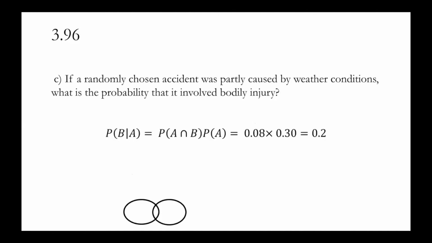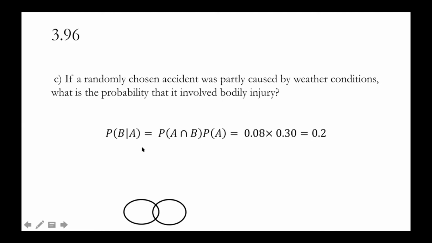The next exercise is, if a randomly chosen accident was partly caused by weather conditions, what is the probability that it involved bodily injury? So now we want the opposite of what we've done previously. Given that it's caused by weather conditions, what is the probability that it involved bodily injury?